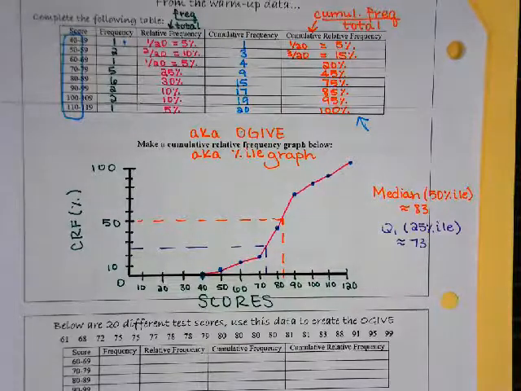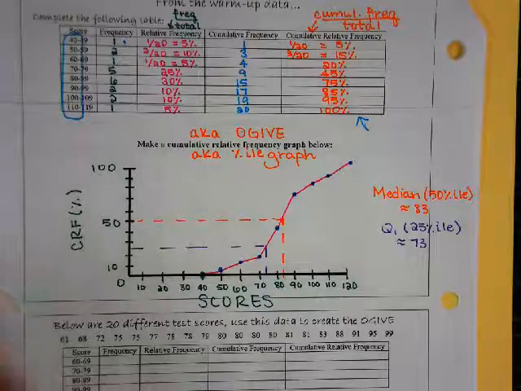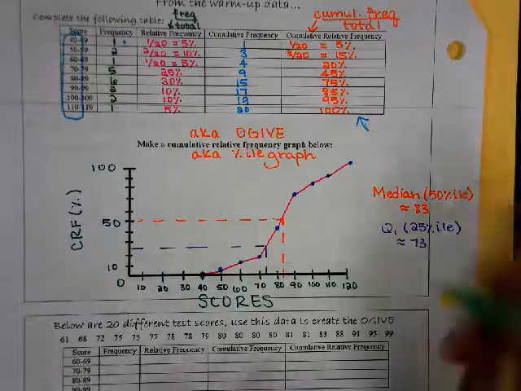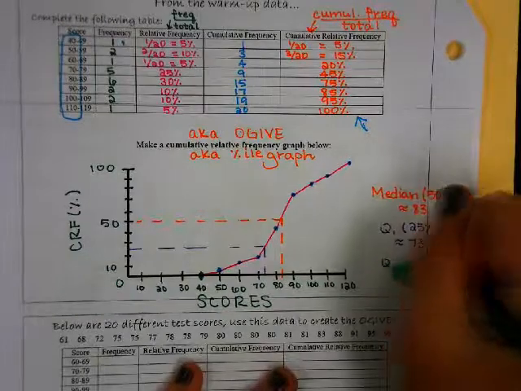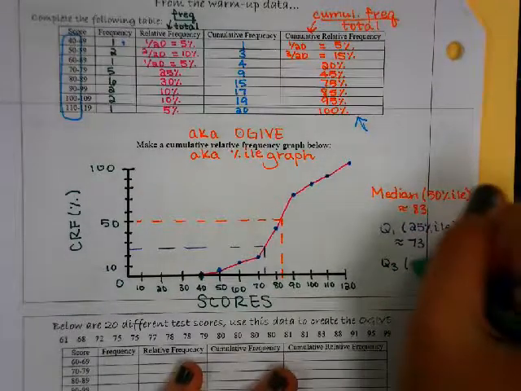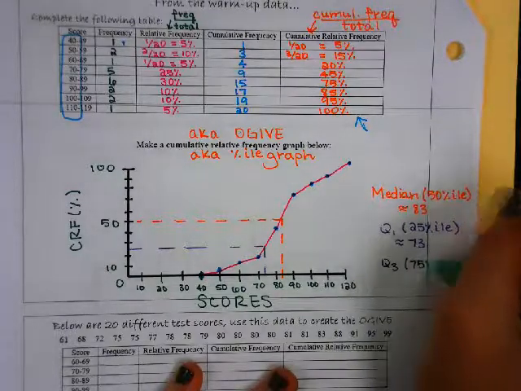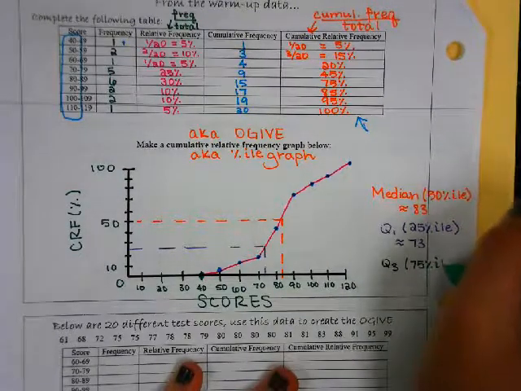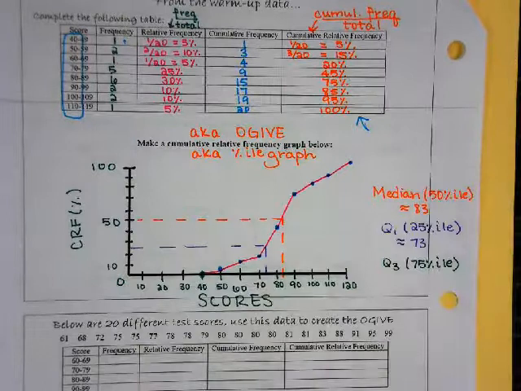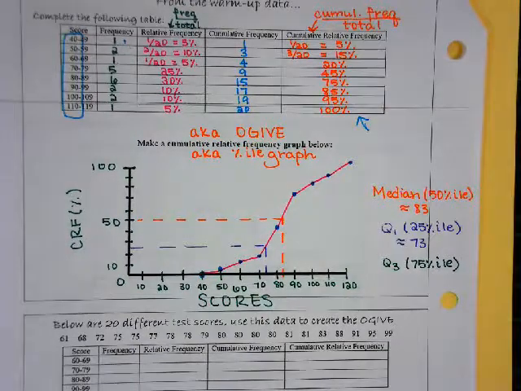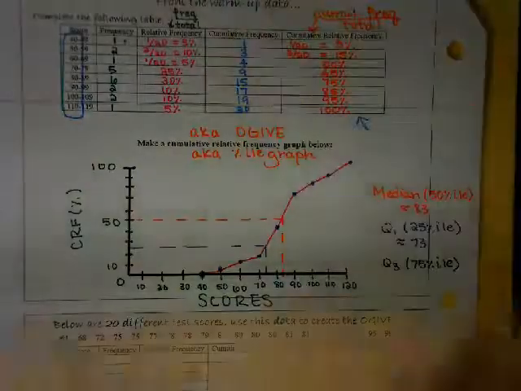Could do the same thing for Q3. Q3 is the 75th percentile. Q2 is the 50th percentile is the median? Yeah. Q2 is also known as the median. 75 would be what? 60, 75.